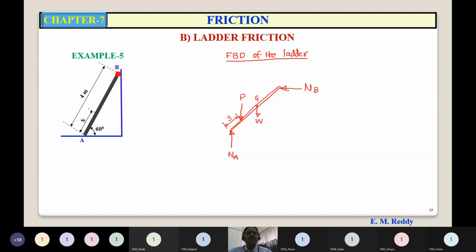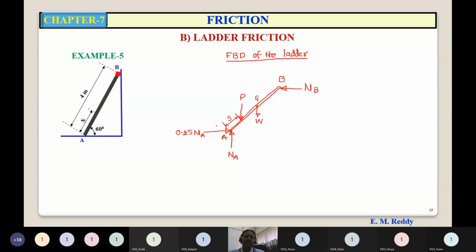When the ladder is about to slip, the end A tends to slide towards the left, so the friction force here will act towards the right. The magnitude of friction force is the coefficient of static friction into the normal reaction. At B there is no friction, hence there is no friction force.